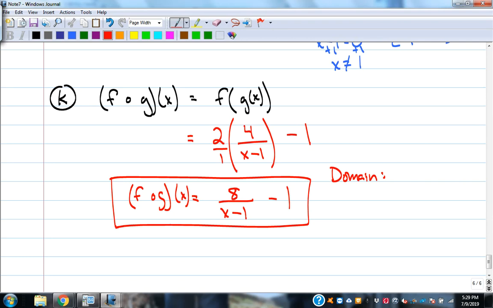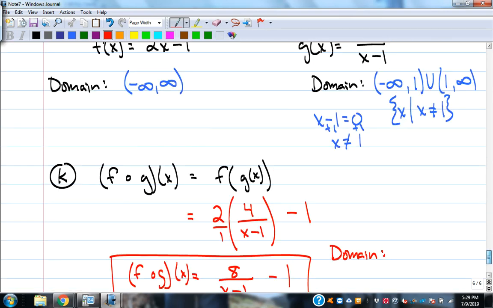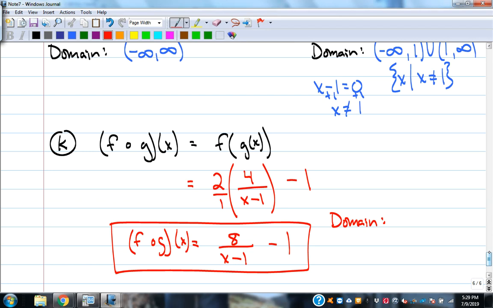Now, with that, the domain restriction from the G of X function is now part of the F of X function, right? Because that G of X function went inside the F of X function. So that domain from the G of X function is going to carry over and now be the domain of our composite function because we had a restriction there, right?